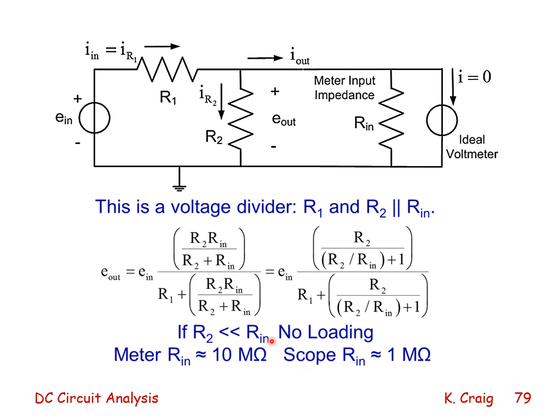R in is usually very large. For an oscilloscope, it's approximately 1 mega ohm, and for a multimeter, it's 10 mega ohms. But if R2 is in the same order of magnitude, then you cannot make the assumption that I out is equal to 0, and this equation then needs to be used.